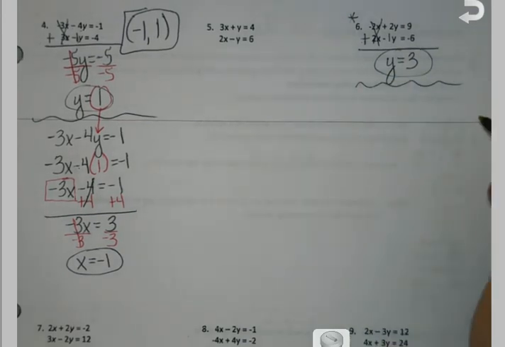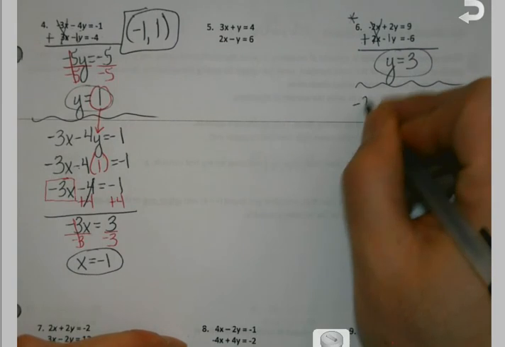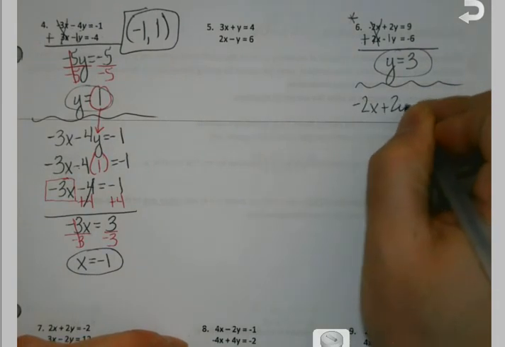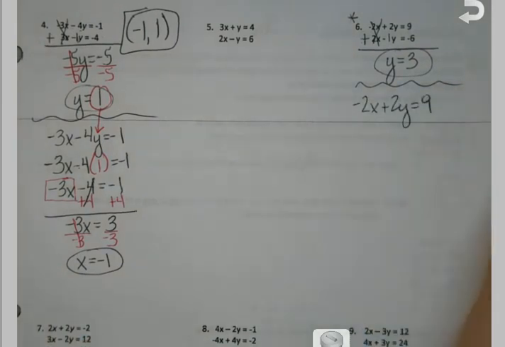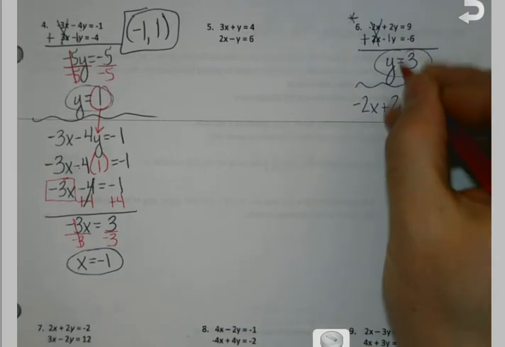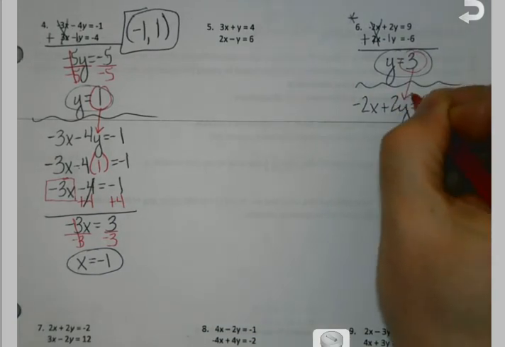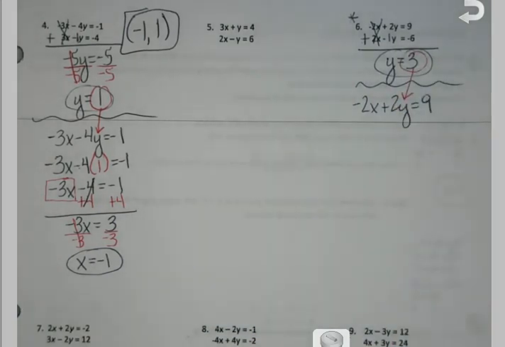So then I can pick either one to plug it into. I guess since I keep doing the top for some reason, I'll do that again here. So I'm going to take my 3 and plug it in for y.